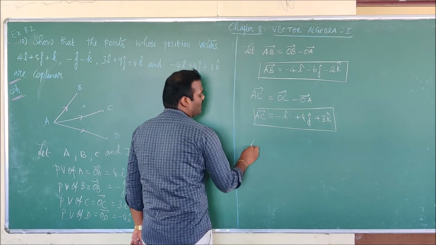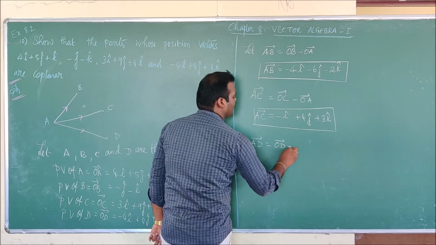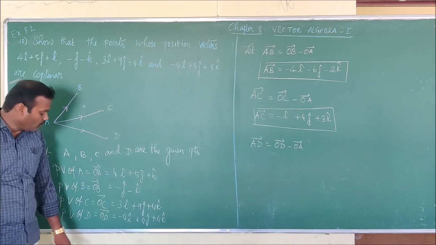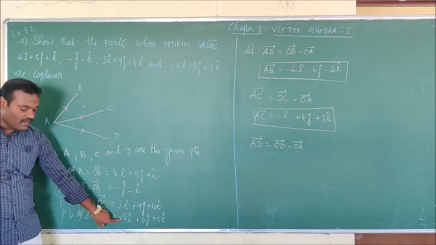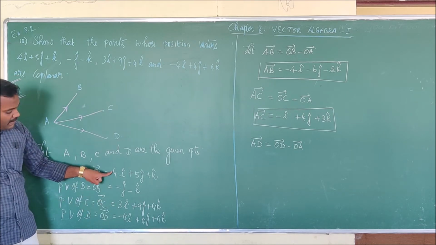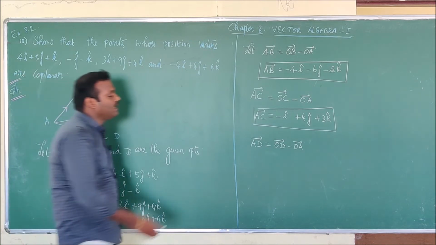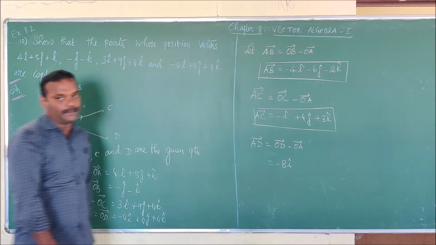Next we are going to form the AD vector. What is AD vector? OD vector minus OA vector. Here you have OD, here you have OA. Subtract this. Minus 4i cap minus 4i cap is minus 8i cap.